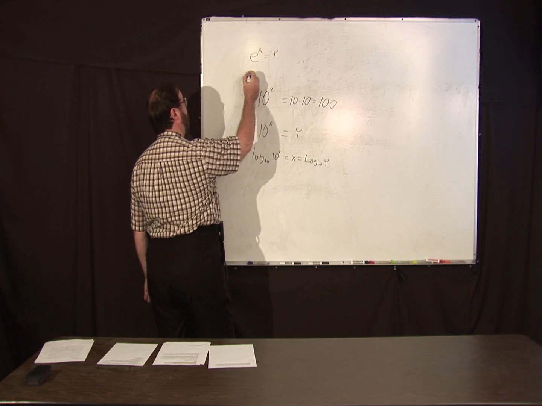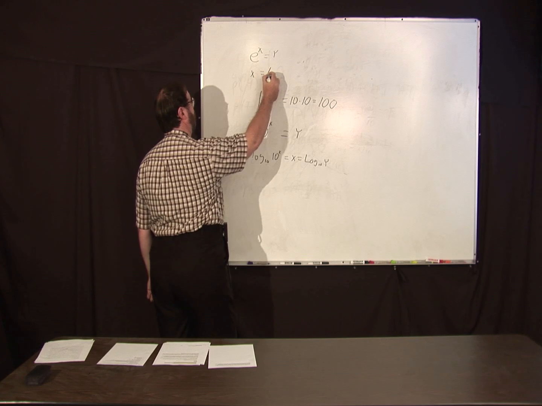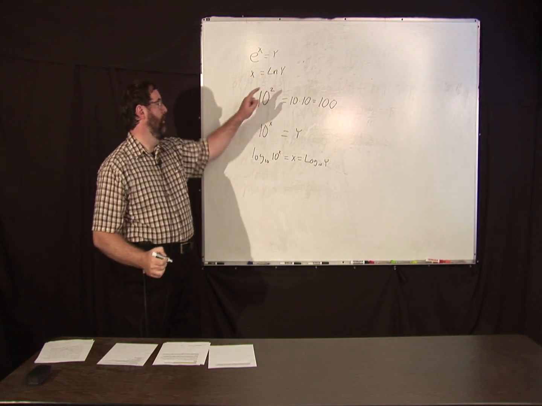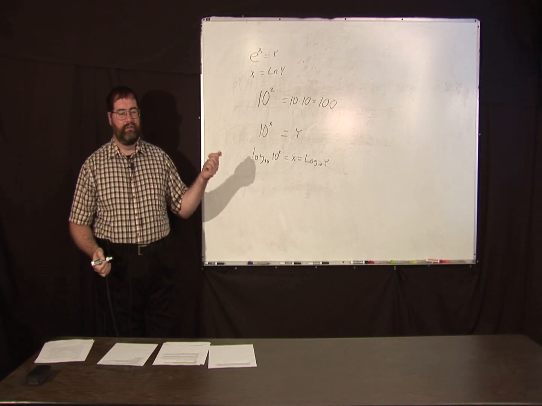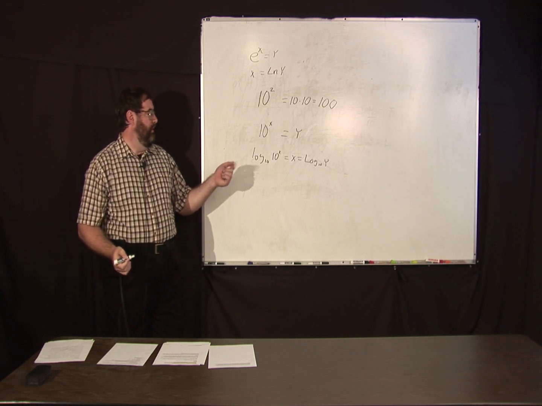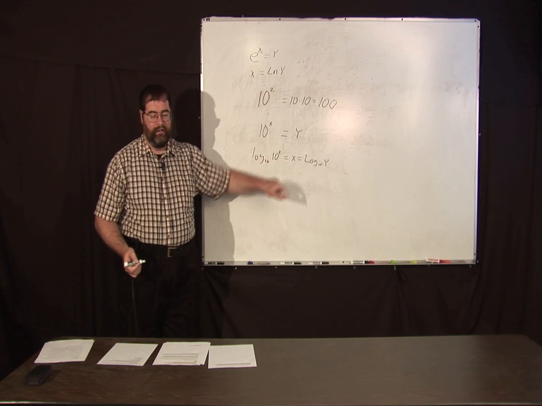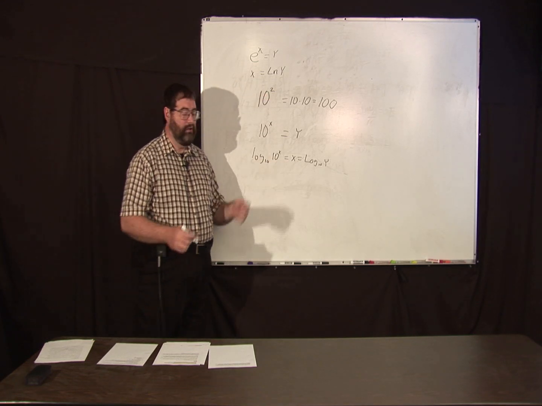The solution to this is x equals what's called the natural log of y. You have to be careful if you're going to implement calculations in computer languages. Log might be the natural log, it might not be the base 10 log, and that's what we're going to talk about in a minute.